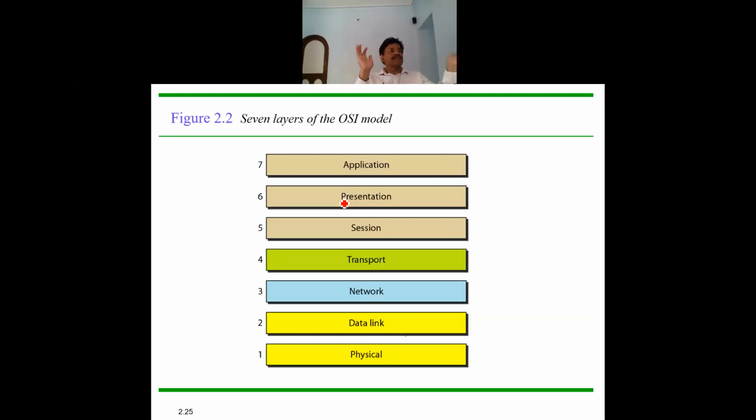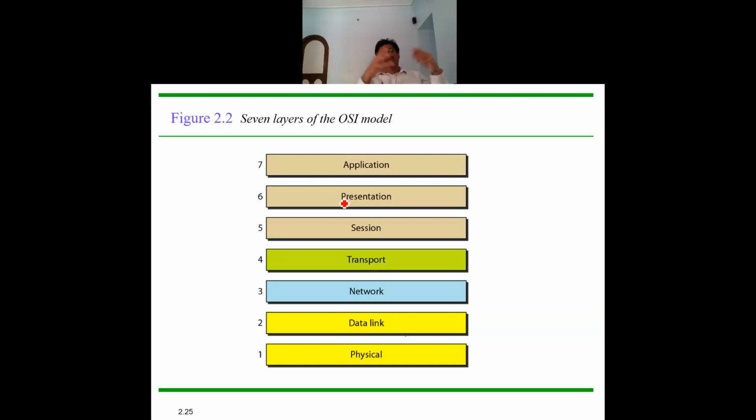Whenever the data is to be transmitted, the data is typically composed at the highest layer, or the topmost layer, of the transmitting device. For this OSI model, the topmost layer is the application layer. So whatever data is to be transmitted from the sender's end to the receiver's end is composed at the application layer.